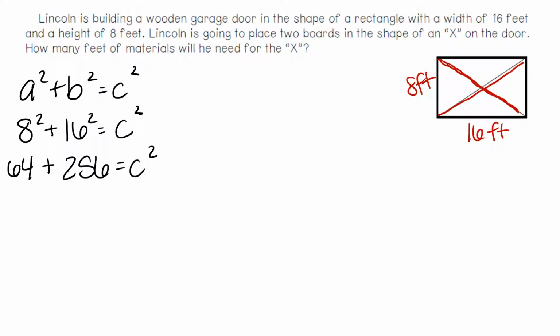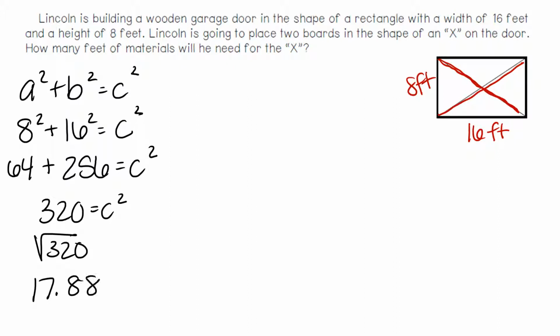Add those together and we get 320. Last step of the Pythagorean theorem is to take the square root. And we get 17.88. 5 and higher, we round up, 17.9 yards.